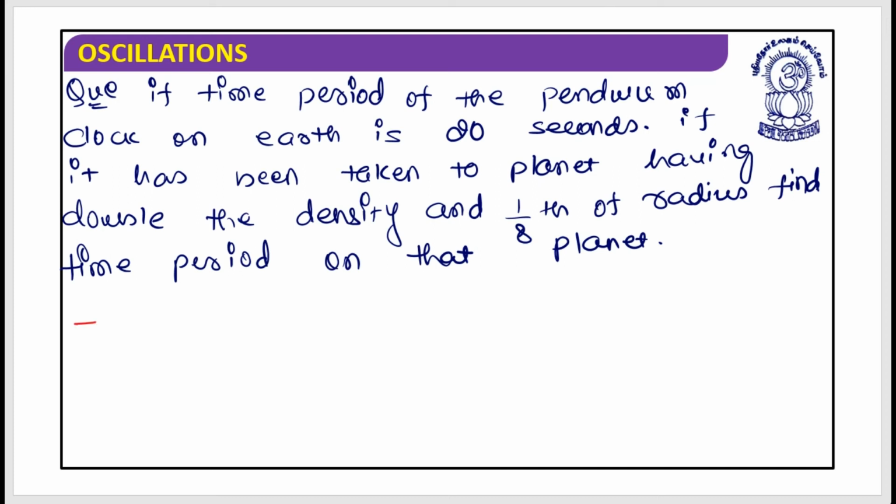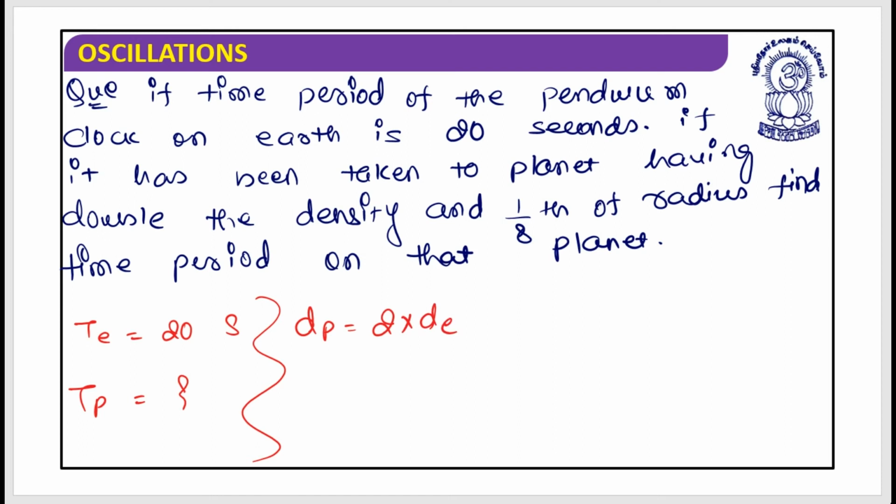We understand that the time period on the Earth is equal to 20 seconds, and the time period on that planet is required. The density on that planet would be equal to twice the density of the Earth, and the radius of that planet would be equal to 1 by 8th of the radius. So we need to find the time period on that planet.